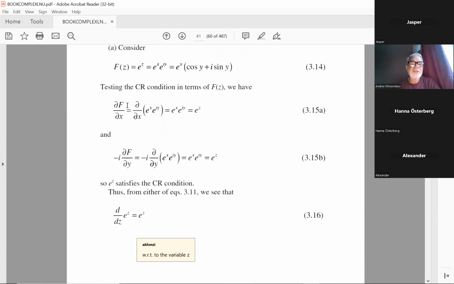They calculate the partial derivative, they consider this function, and then they calculate this and see that they coincide. So the function is analytic. To check that a function is analytic, you should check the Cauchy-Riemann conditions and see that they are still satisfied for all derivatives.